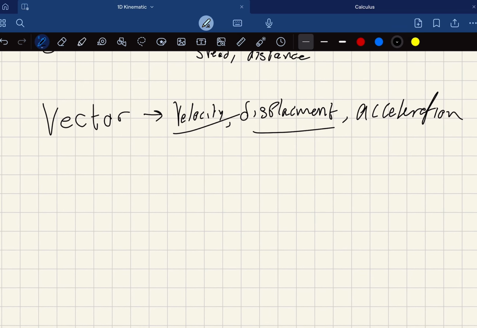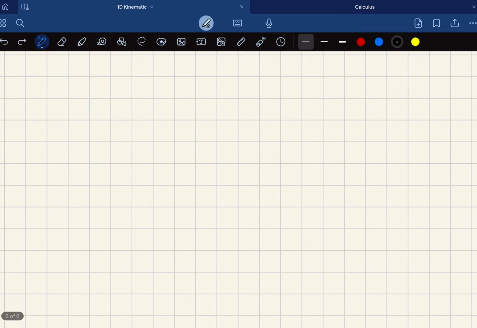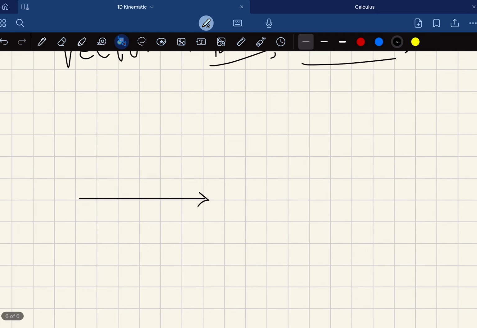So first off, let's say that you walk a distance this far, a distance of 6 meters, which the vector will be represented by an arrow in this direction, and then you walk a distance of 5 meters in this direction.